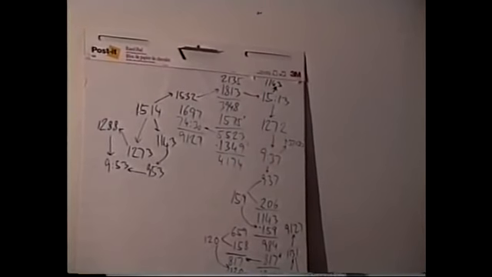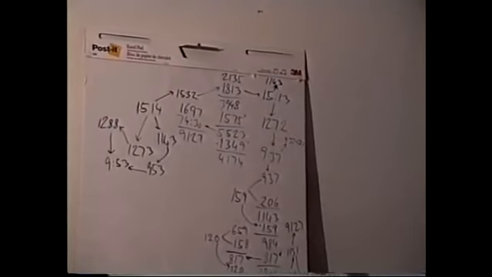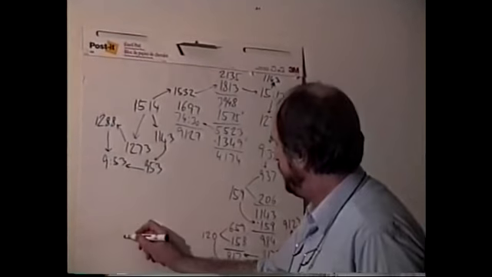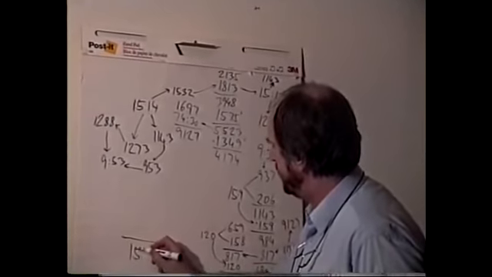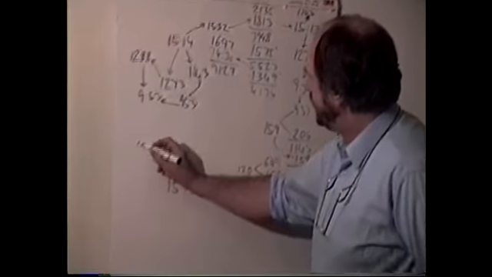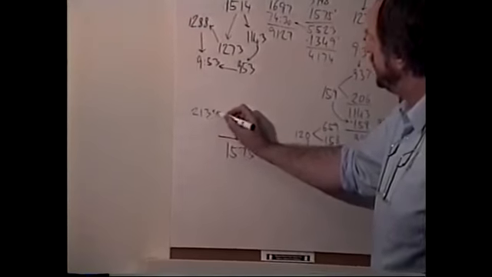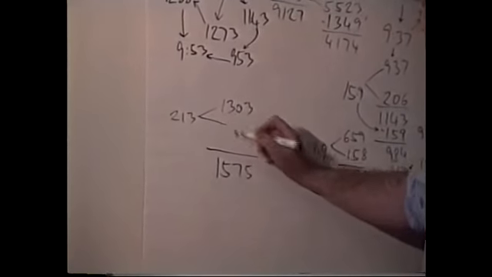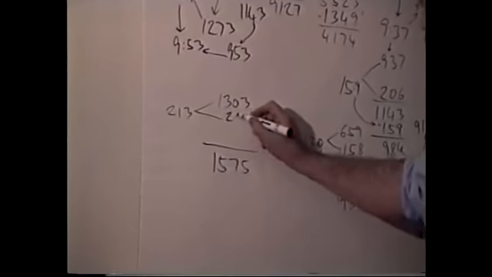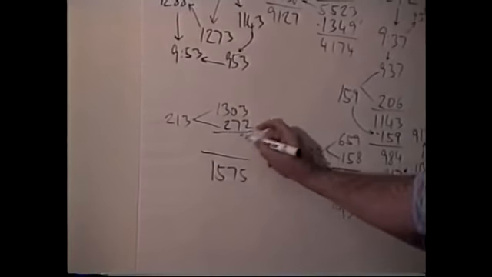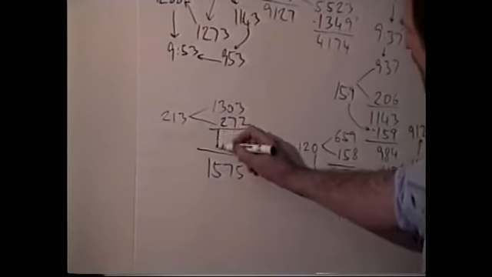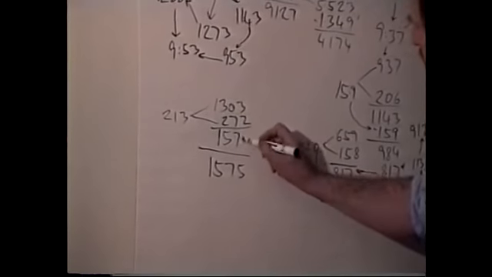Look, let me show you this number, 1575, positionally partitionable. 1575 looks as follows. It is the sum of the 213th prime number 1303 and the 213th composite number 272. They add up to 1575.